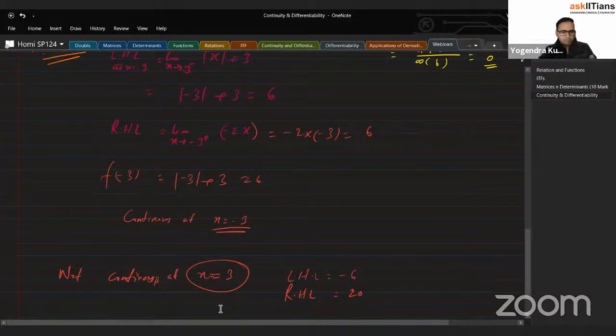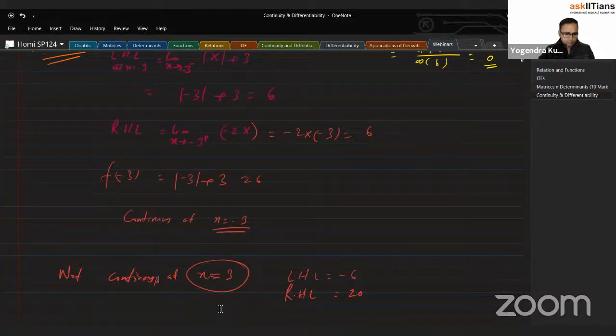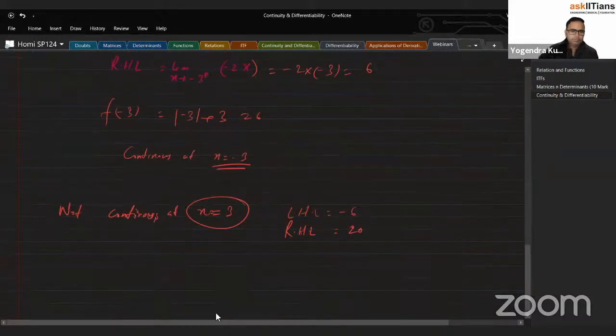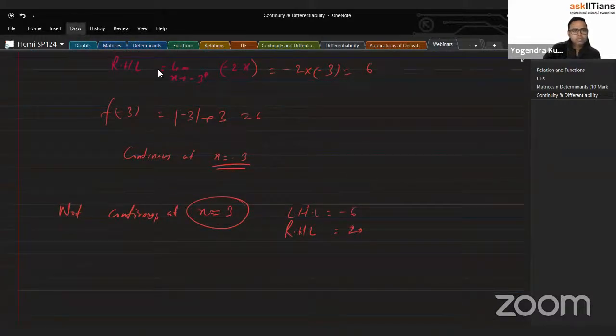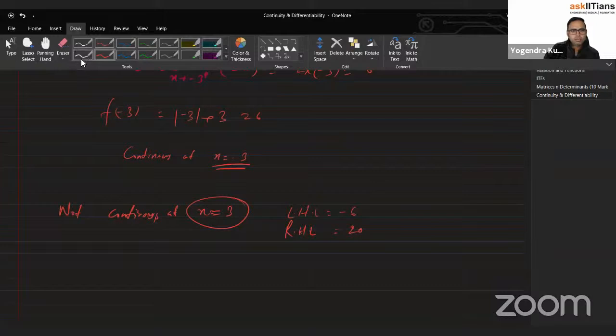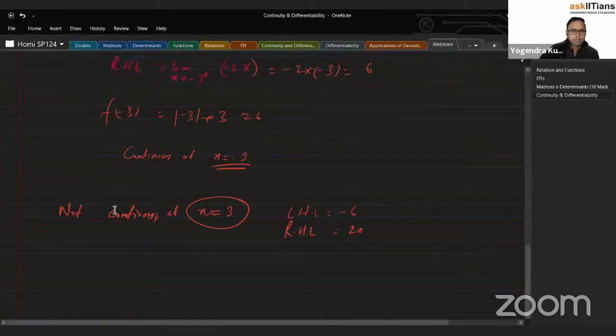Okay, let me ask you another question. Another easy kind of question only. I know in CBSE they will ask these kind of questions only, right? They can't make it that much difficult also, right? So just do this question, guys.